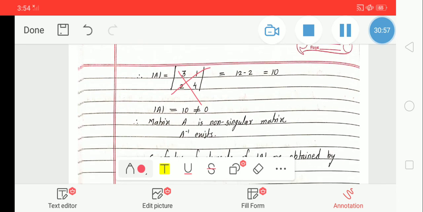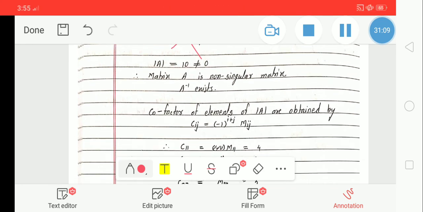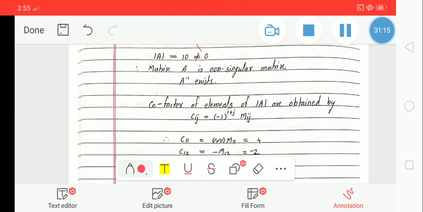So the value is 10. Mod of A is equal to 10, not equal to 0. So A is a non-singular matrix, so A inverse exists. Now to find A inverse, first we find the cofactors of matrix A.